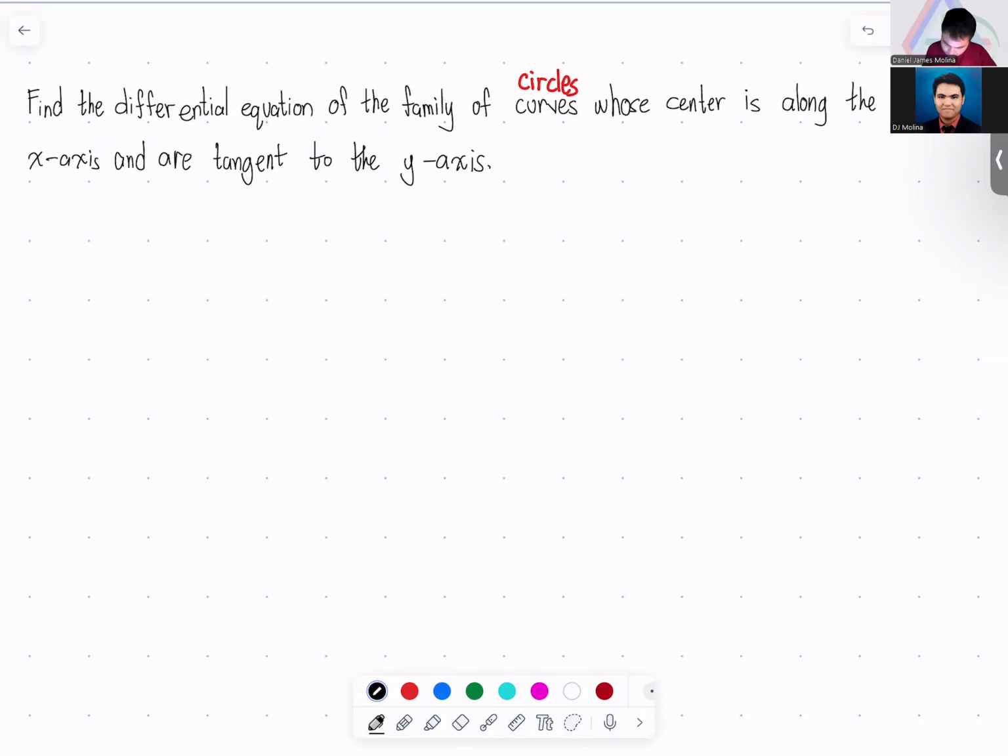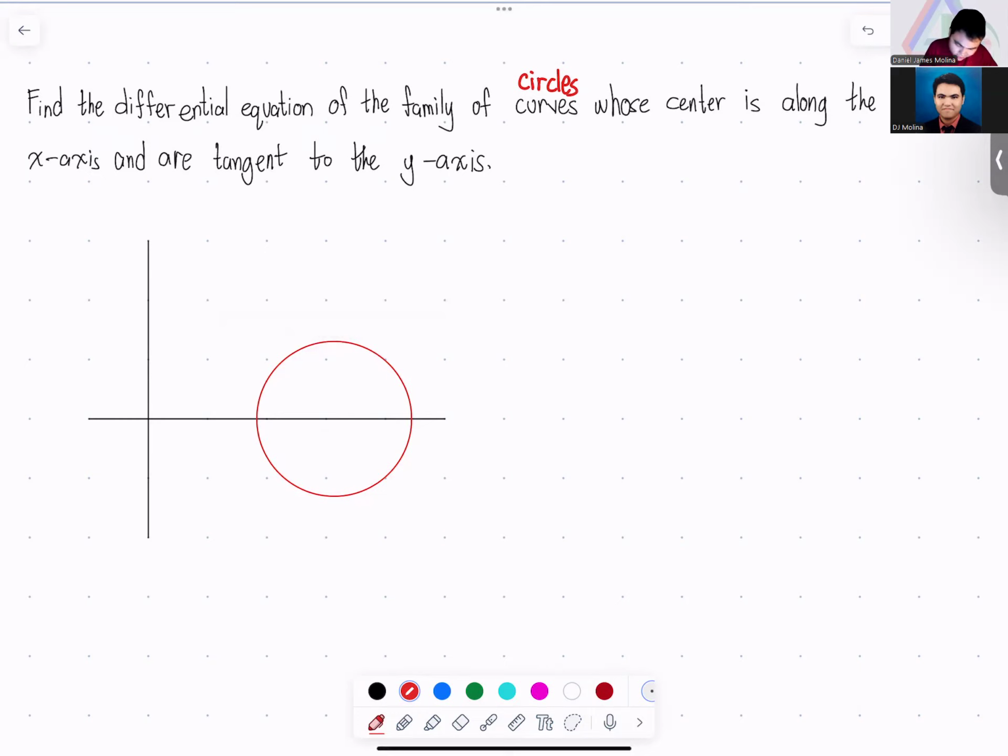Right. So let's try to sketch a few circles here. Of course, we have a strict condition wherein the center is always at the x-axis. Let's call that center (h, 0). That will be the coordinates of the center of the circle.